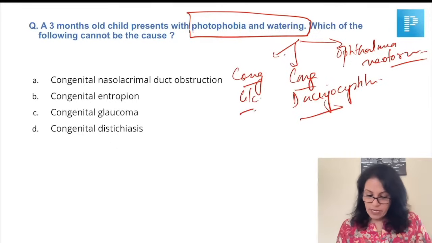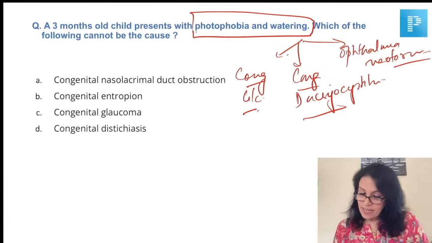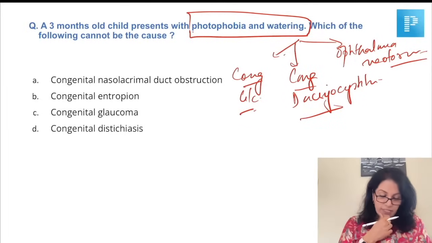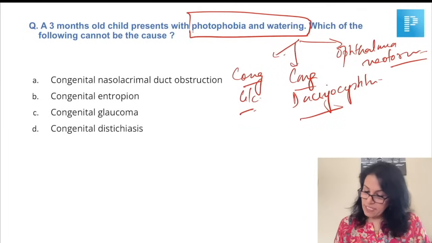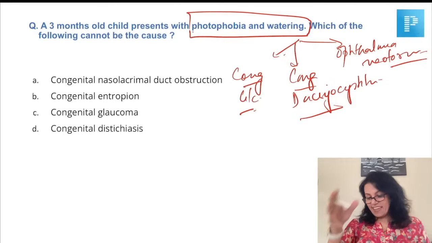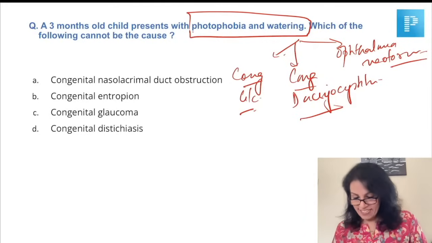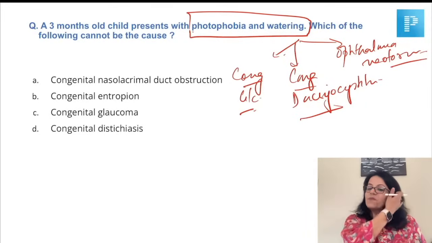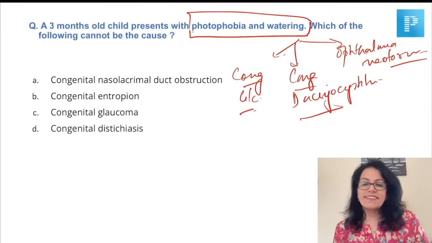Okay, so in this case, unilateral or bilateral? What was the exact question then? A month old presenting with... So according to me, if this is the question, all four can actually lead to photophobia and watering, right?